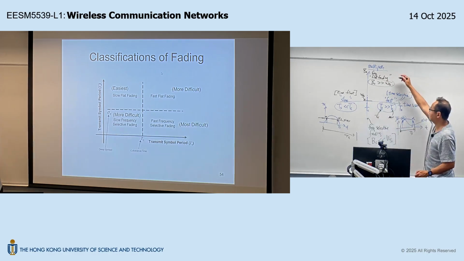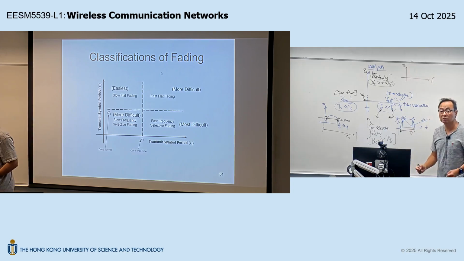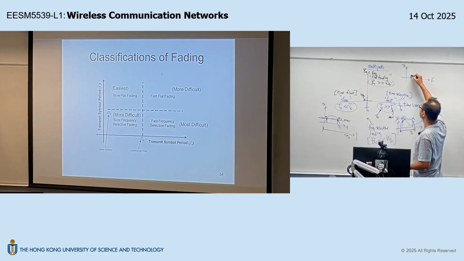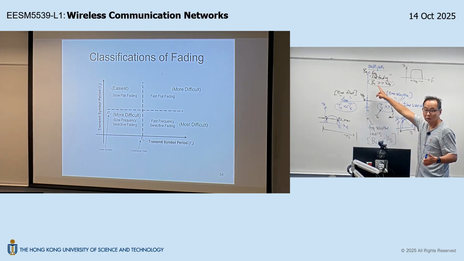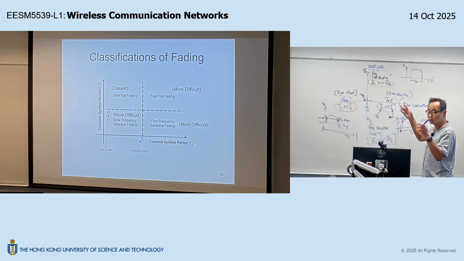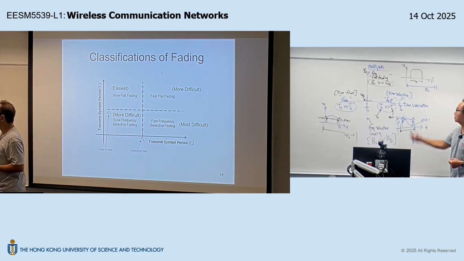Now, let me explain why this is called frequency flat fading. If you transmit a signal, let's look at the spectrum of your transmitted signal. Let's say this is the signal you transmit with a certain bandwidth. Okay? Now, in this region, the coherence bandwidth is much larger than your transmission bandwidth. So let's say this is the coherence bandwidth, and this is your transmission bandwidth.